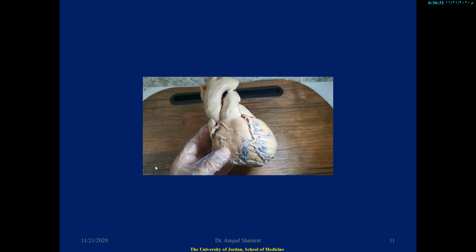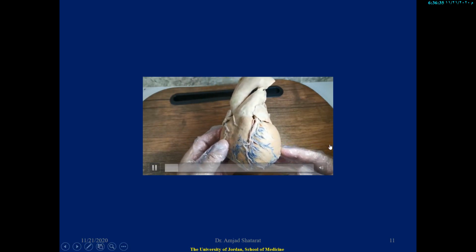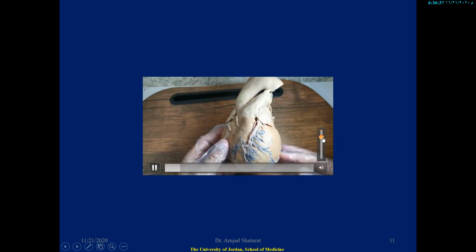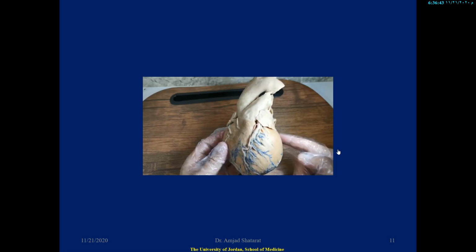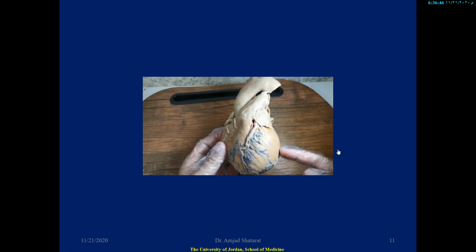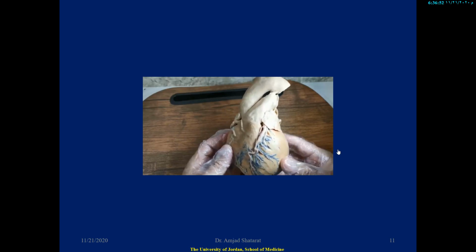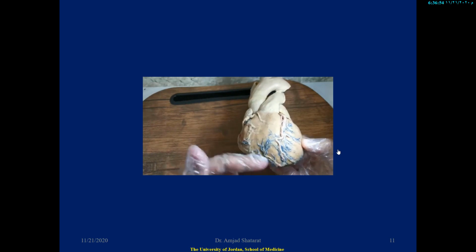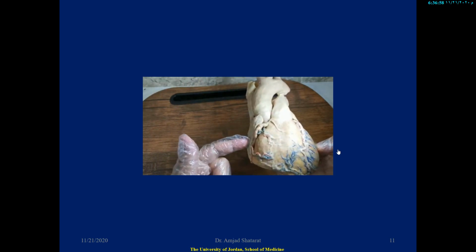In adults, during embryogenesis, the heart was lying in the body of the embryo in this way, right in the middle. So that would have been the left chambers, the left ventricle and the left atrium behind it, and here we have the right ventricle and the right atrium behind it.